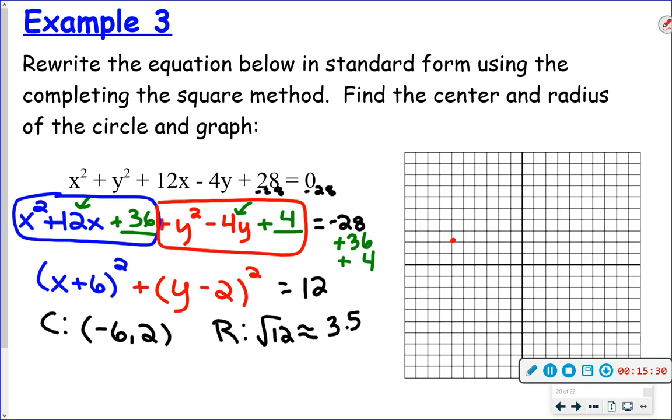From that center, I'm going to try to count up 3.5, right 3.5. I don't know, that's about 0.5, 0.5, 0.5. It's a little tougher when you have the decimals, just do the best you can.